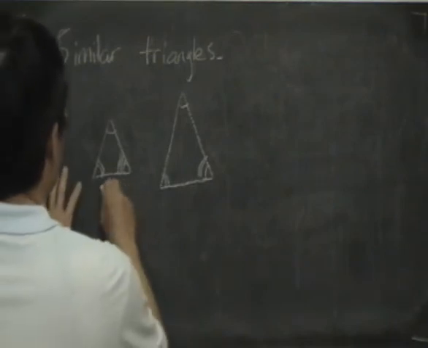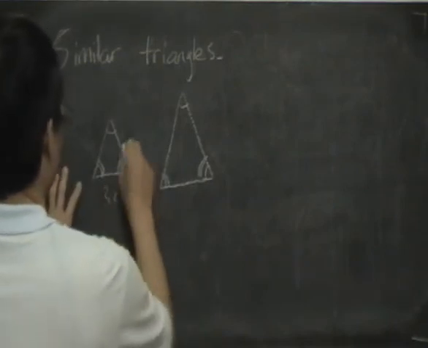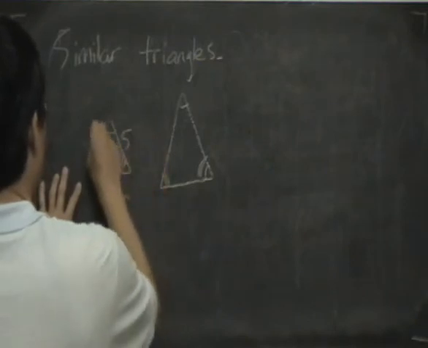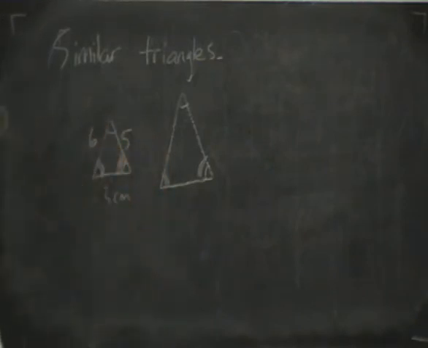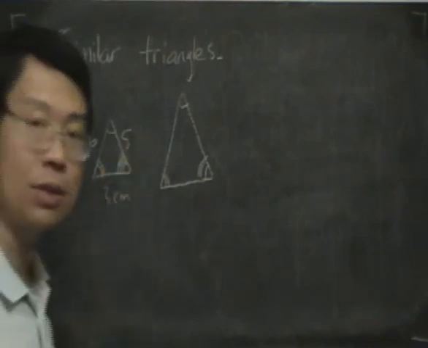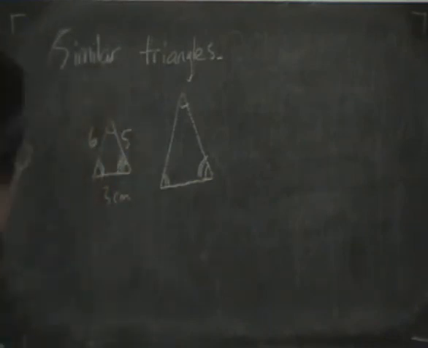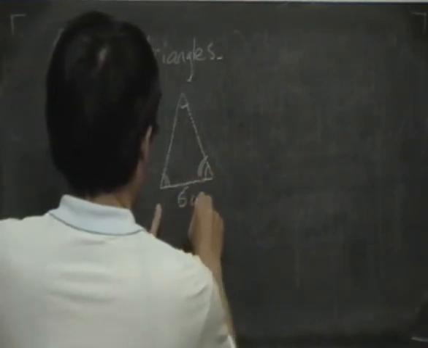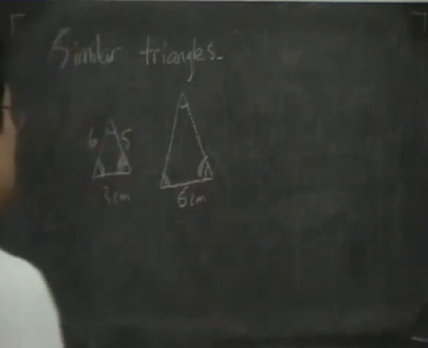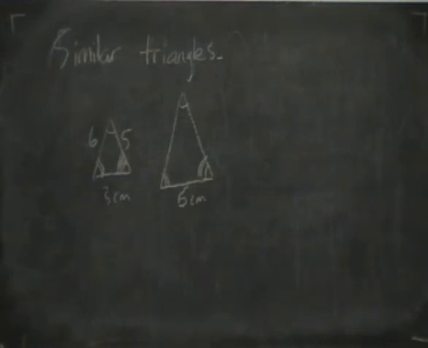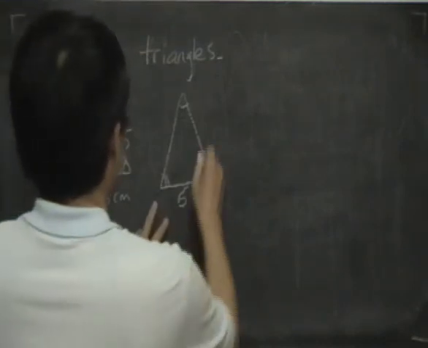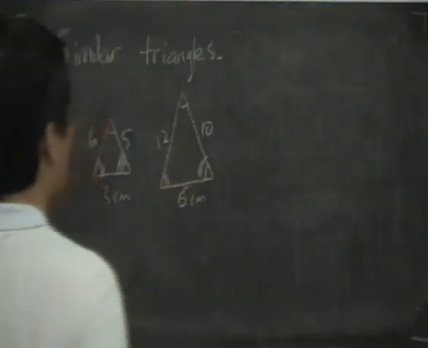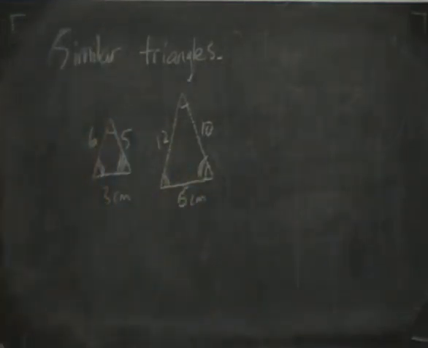Let's say this is 3 centimeters, this is 5, and that is 6. So let's say these are the lengths of the sides of this triangle. Now suppose that the length of this side is 6 centimeters. Then the length of that side must be 10 and of this side must be 12.